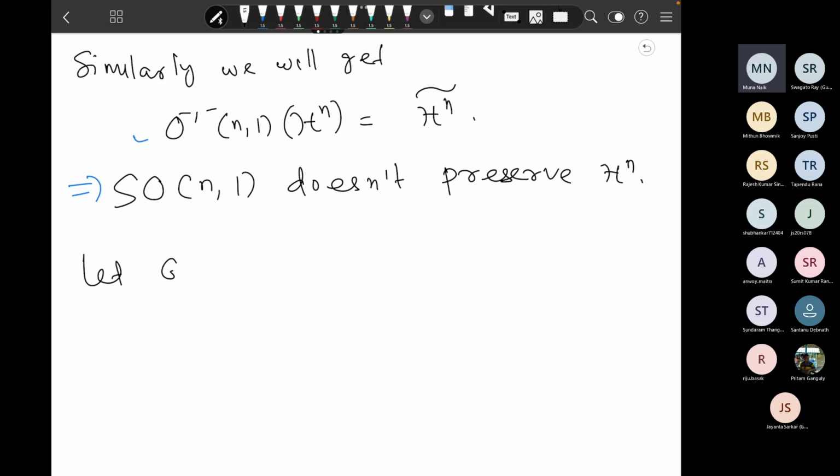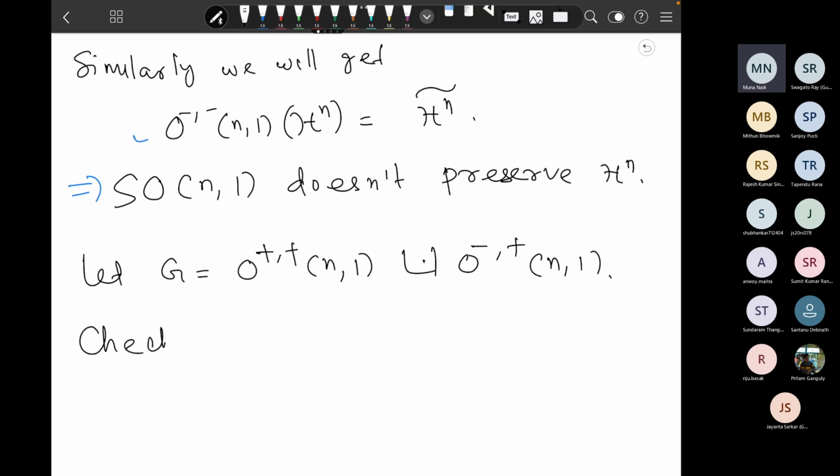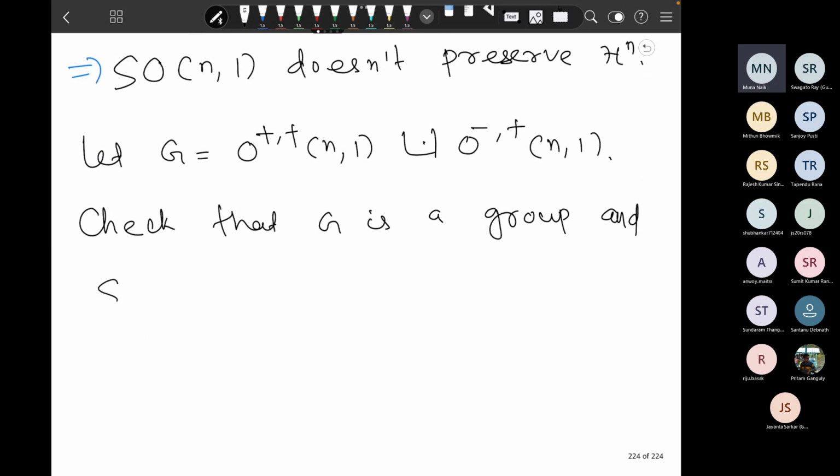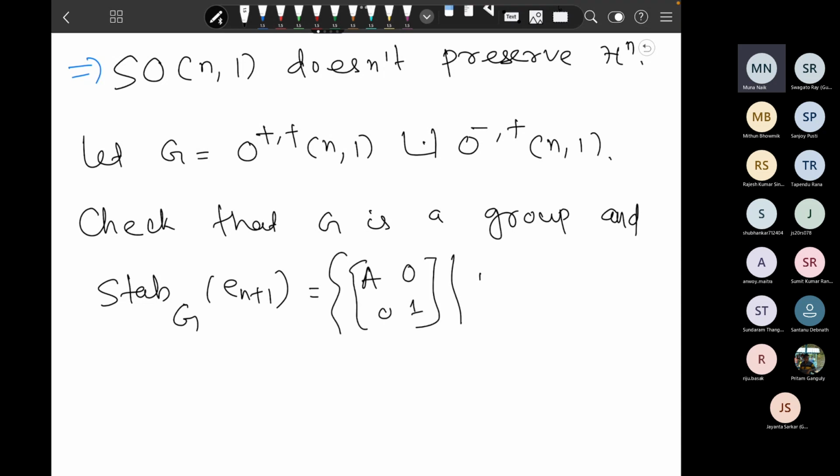So let G be equal to O^{++}(n,1) disjoint union O^{-+}(n,1). So check that G is a group, and the stabilizer of e_{n+1} in G is really A 0 0 1, where A belongs to O_n.